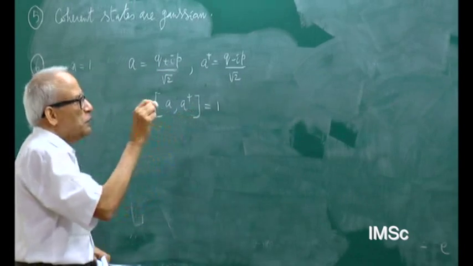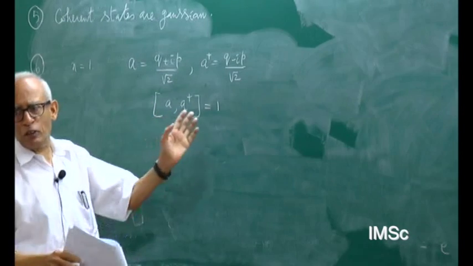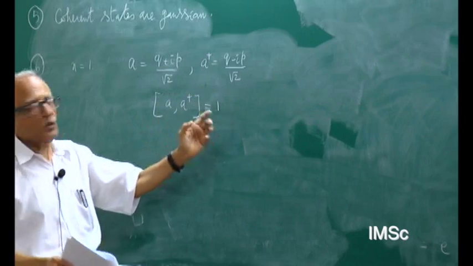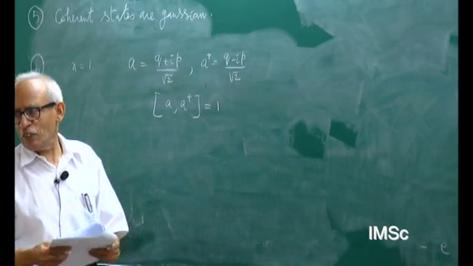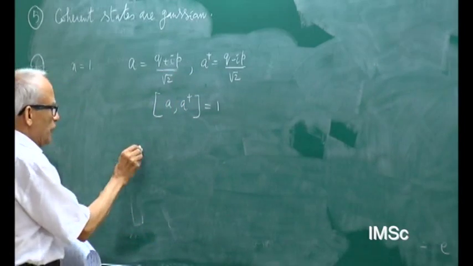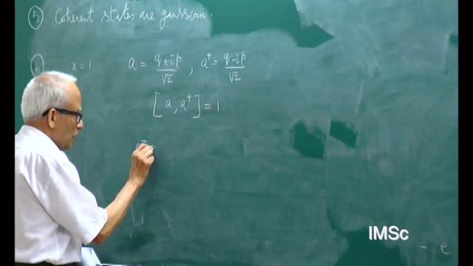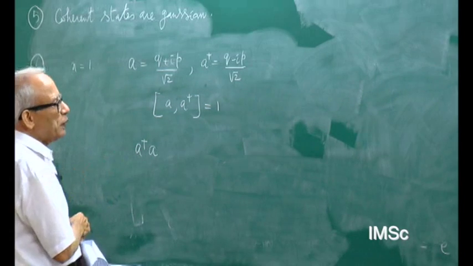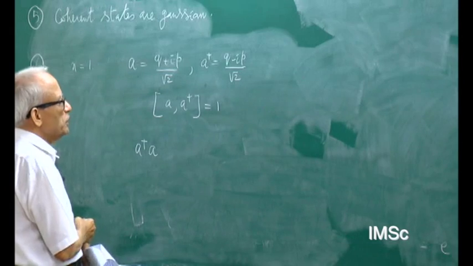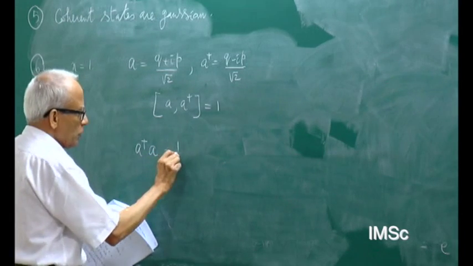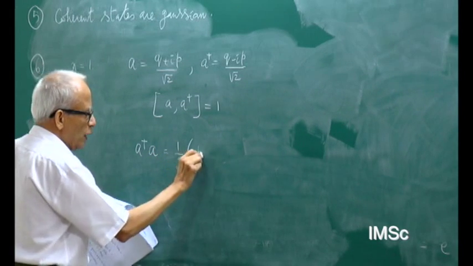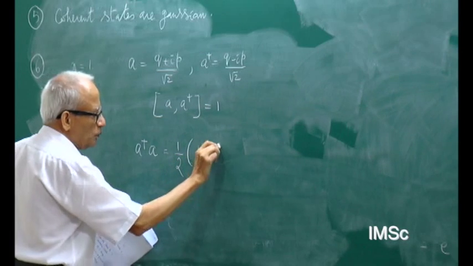Sometimes it is more convenient to work with the complex variables than real variables. So these are more convenient variables. Then if you write A dagger A, that gives you a self-adjoint operator, actually a genuine self-adjoint operator, which is half of P square plus Q square minus 1.